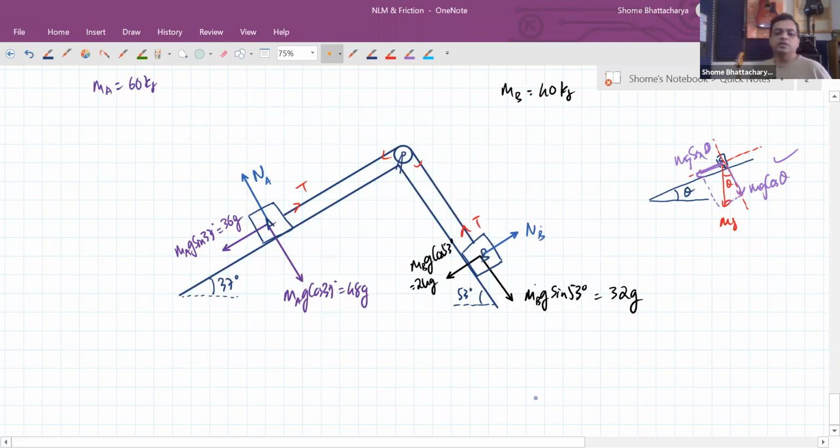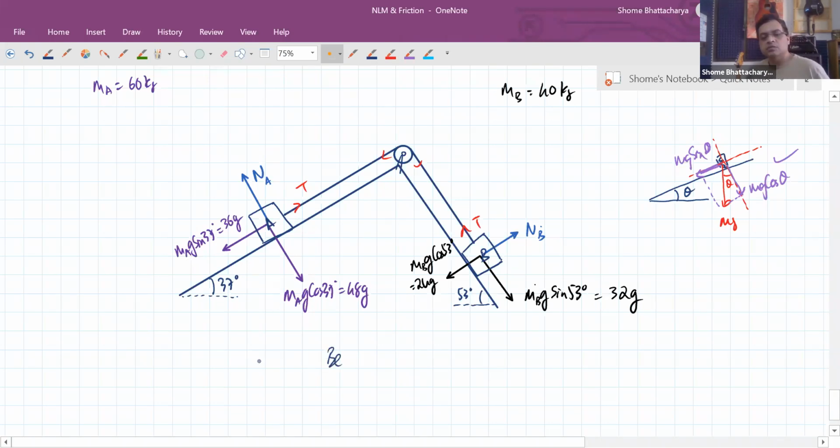Okay. So if we resolve the forces this way, then it's very clear to us from the beginning what the direction of acceleration is. You can see that this component of weight, the sine component of A's weight, which is 36g, is trying to pull the system in this direction. Whereas this one's component of weight, which is 32g, that is B's weight sine 53 component, is trying to pull in the opposite direction. Okay. So which one is dominating?